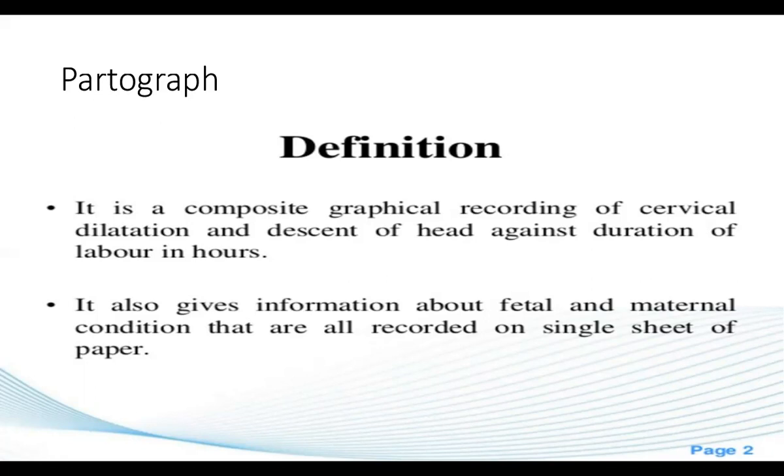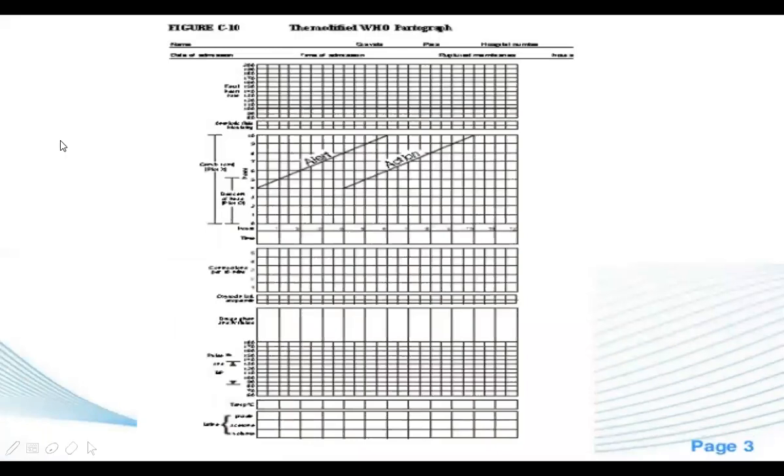As you see in this diagram, this is the fetal part, then the next one is the cervix. On the horizontal line is the timing, 1 hour, 2 hours, 3 hours, from when the patient comes to you.